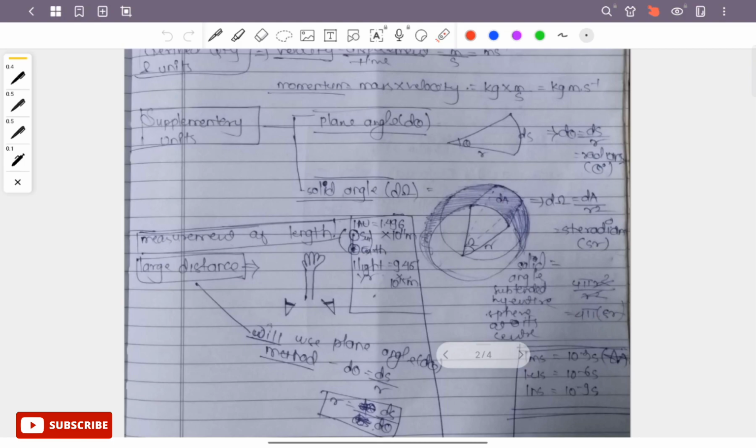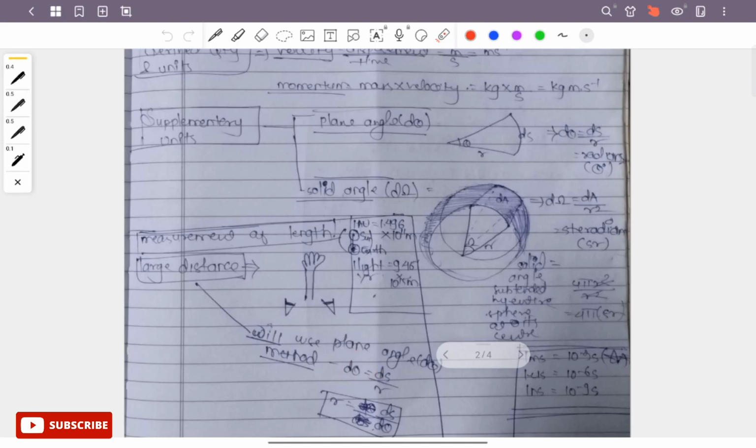As I said, if we want to measure the distance between the sun and the earth, it is already measured by the scientists. But if we want to derive it, how can we measure it? There is a method, a formula which is dθ = ds/r. Here r is the distance between the two planets, like the earth and the sun, dθ is the angle, and ds is the distance.